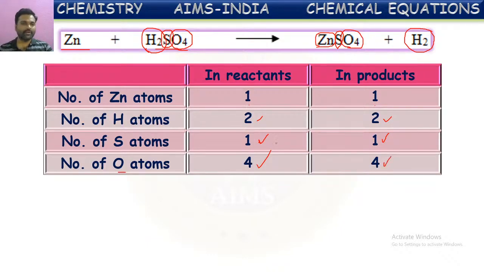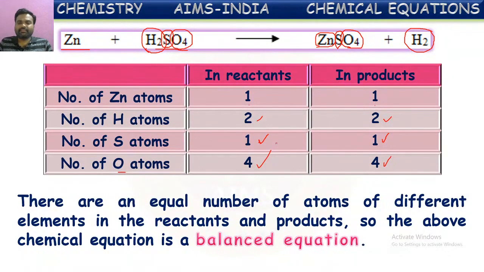So finally we have come to the conclusion that the number of atoms of all the elements on both the sides is equal. Zinc is the same, hydrogen atoms are the same, sulfur atoms are the same, and even oxygen atoms are the same on both sides, in the reactants as well as in the products.